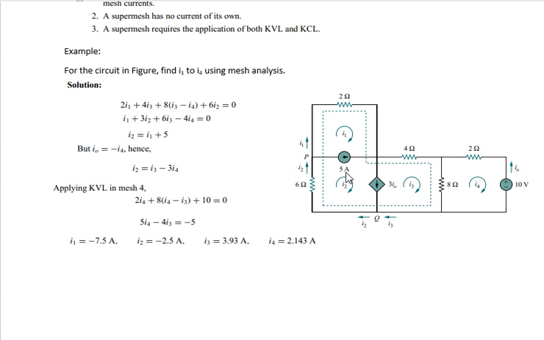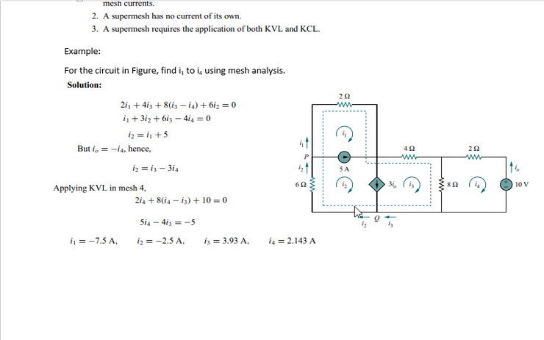In between loop 2 and 3, we have a current source of 3I sub O. Once again, this kind of symbol is used for dependent sources. It means that it depends on I sub O: whatever the value of I sub O is, that is also the value of our current source here. It's easy.